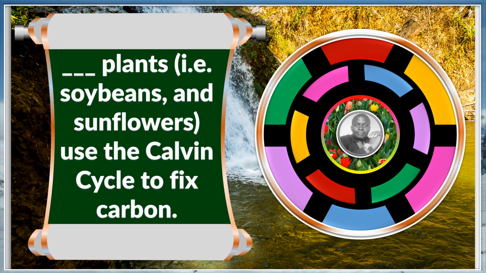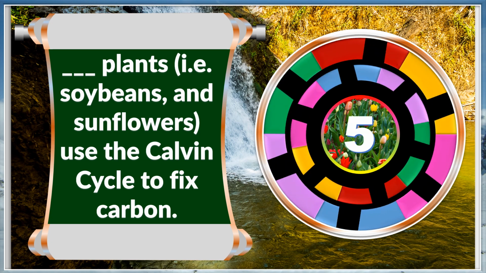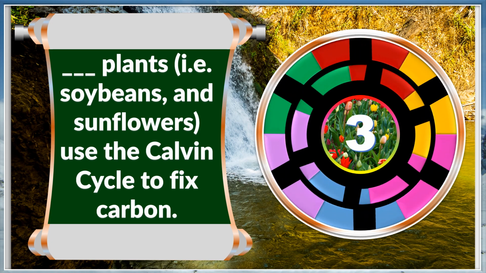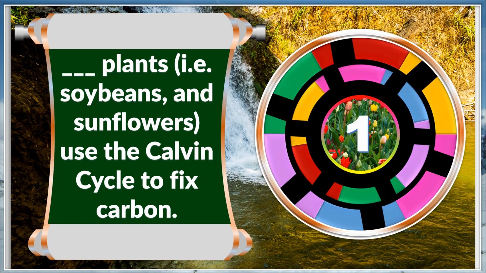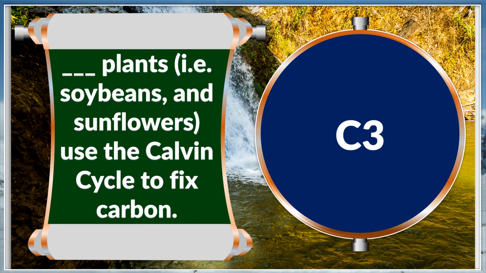Dash plants, i.e. soybeans and sunflower, use the Calvin cycle to fix carbon. C3.